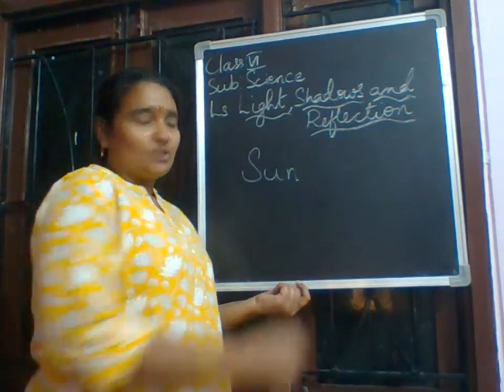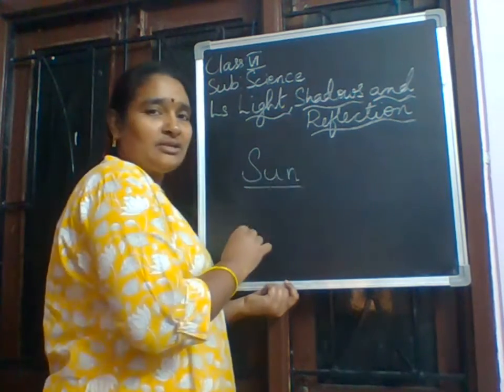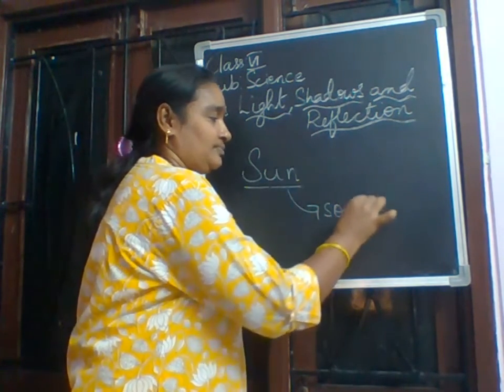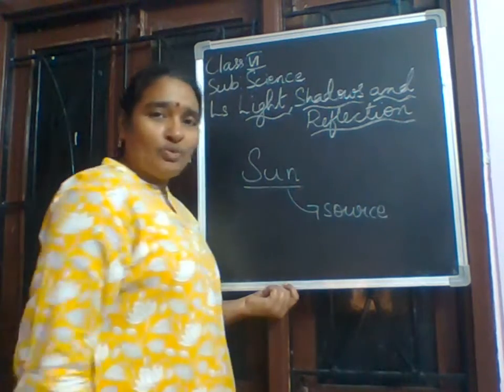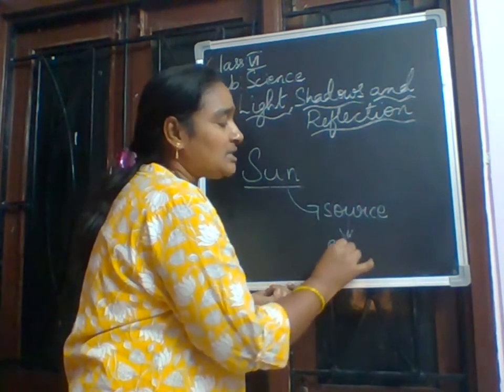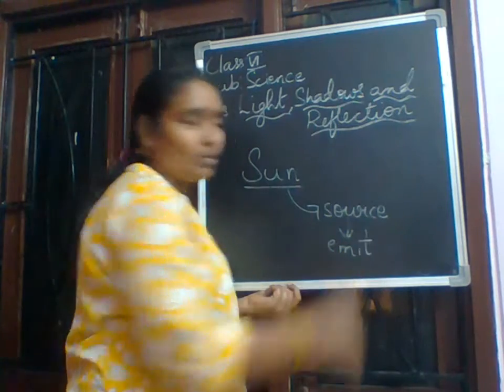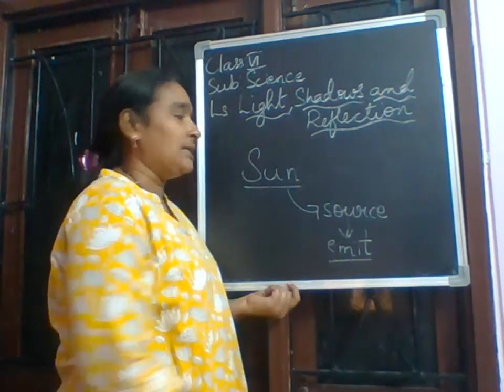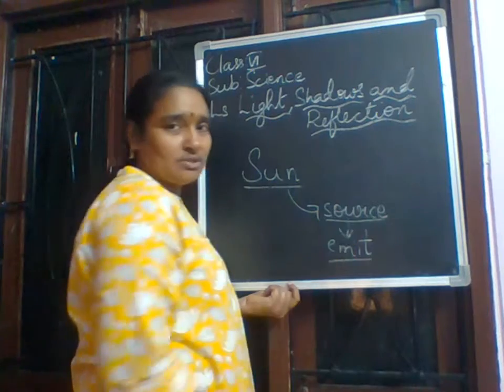So what do we mean by sun? Sun is a source of light. What do we mean by source? Objects which emit light on their own. That is the meaning of source.